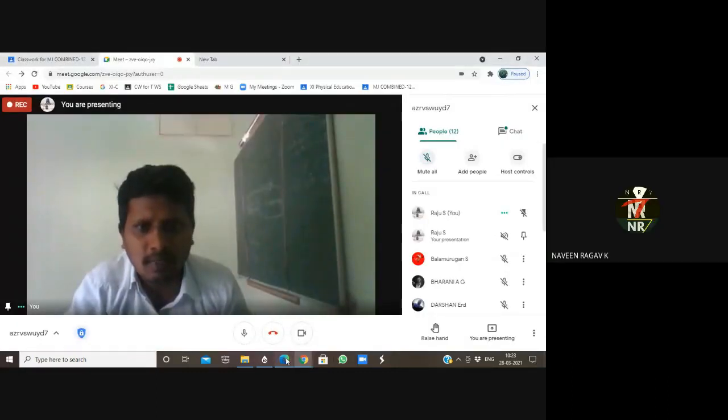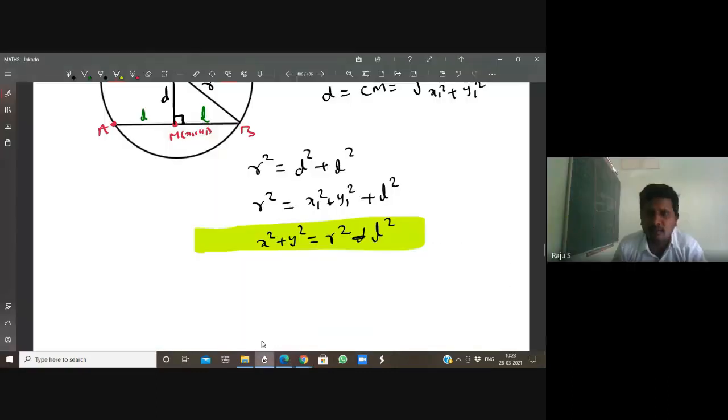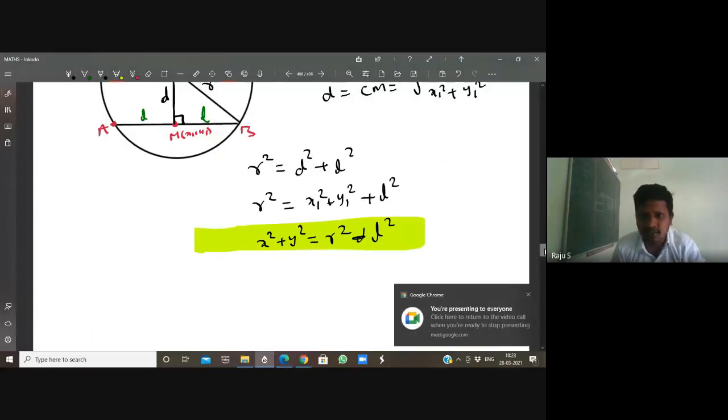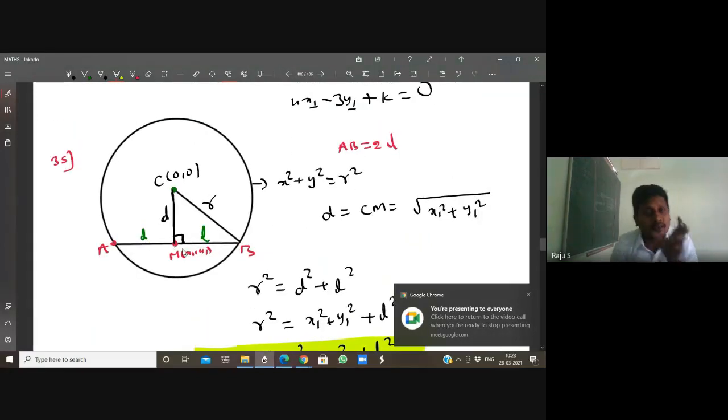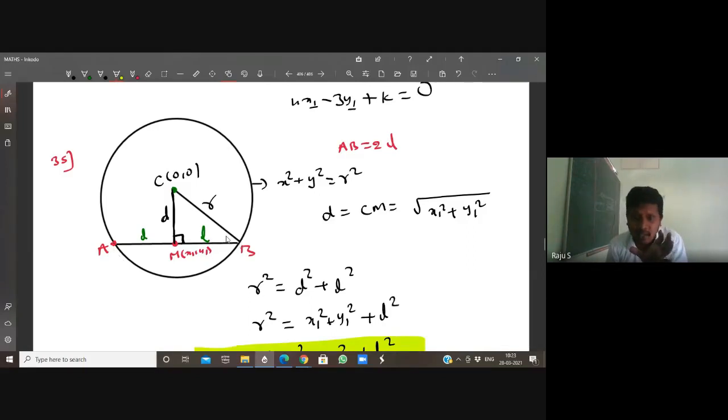Sir, can you explain that once again, sir? Yeah, fine. See here, they are asking the locus of the midpoint whose length of the chord AB they given as 2L in the question. 2L is given, so half of the value becomes L. And the given circle is x square plus y square is equal to r square, so the radius becomes r.